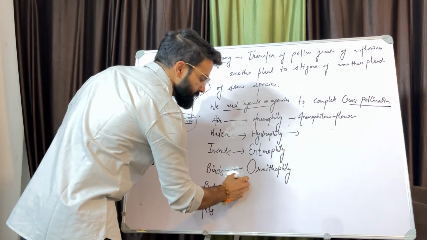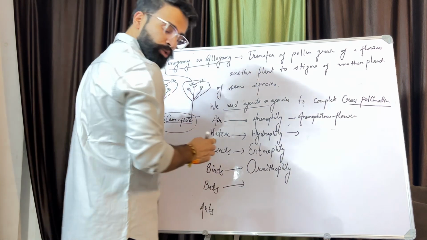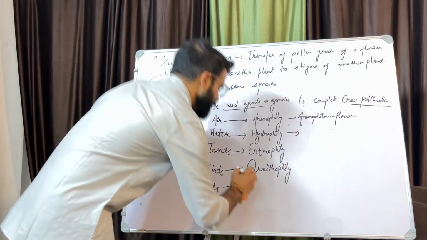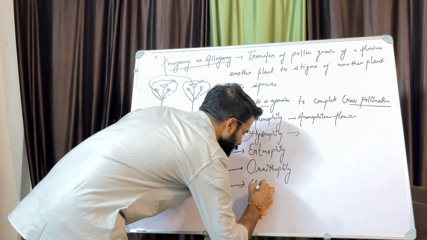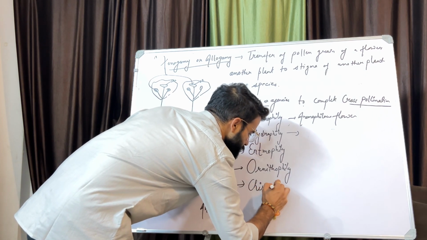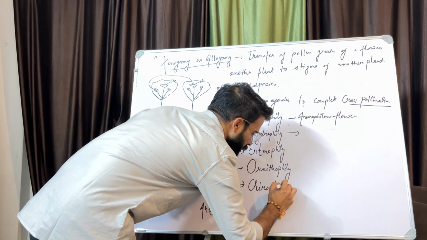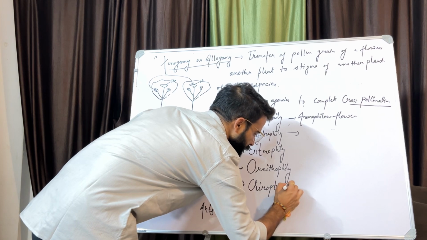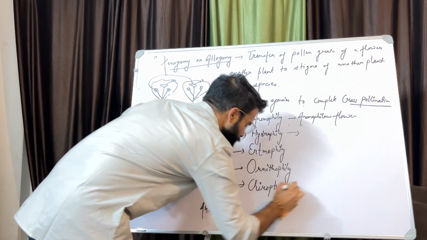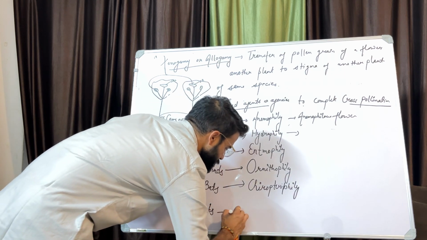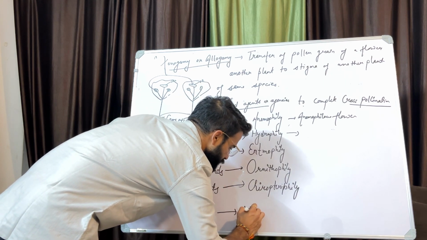Pollination by bats is known as chiropterophily. Pollination by ants is known as myrmecophily.